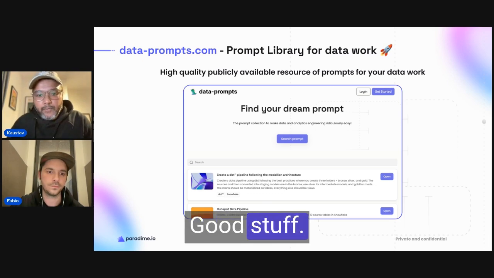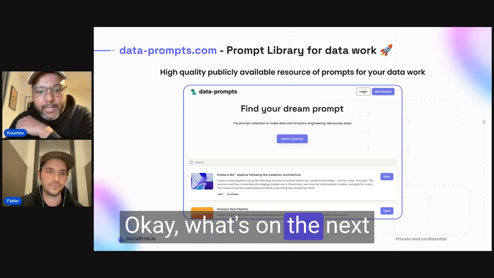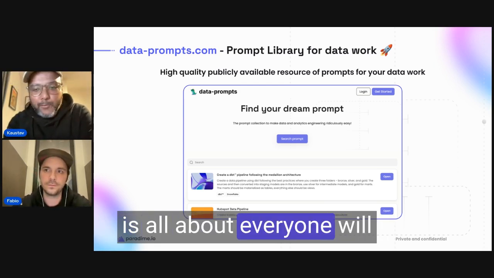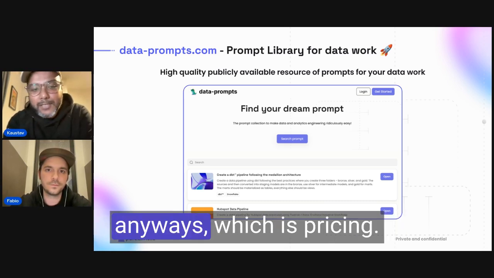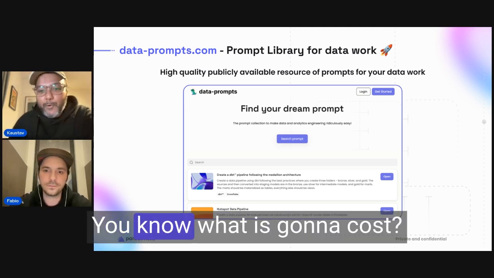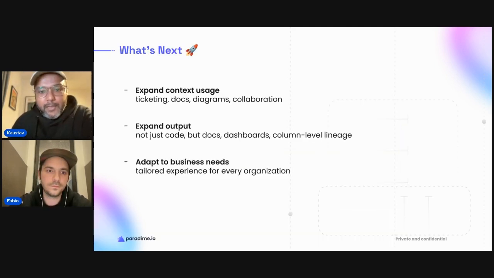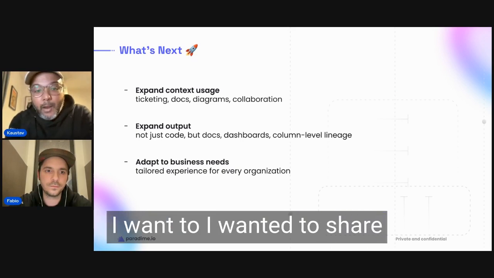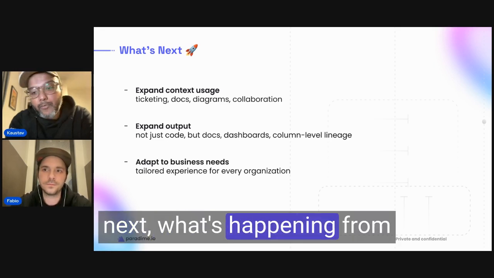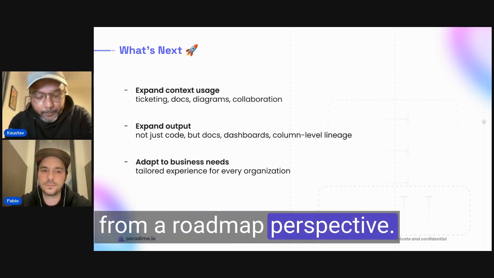Cool, good stuff. Okay, the next slide is all about, everyone will eventually get to that question anyways, which is pricing. How are you going to price this thing? What is it going to cost? But before I go there, I wanted to share what's coming next from a roadmap perspective.